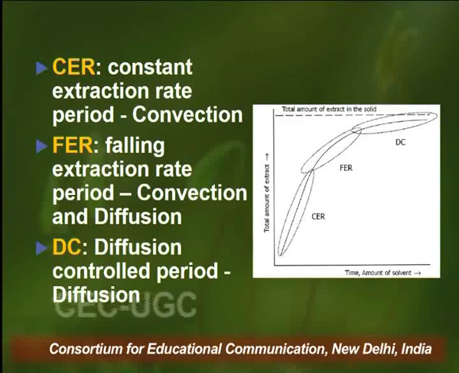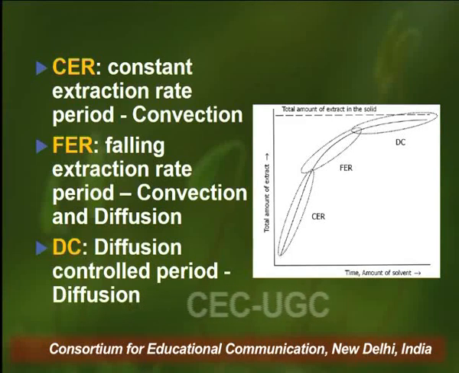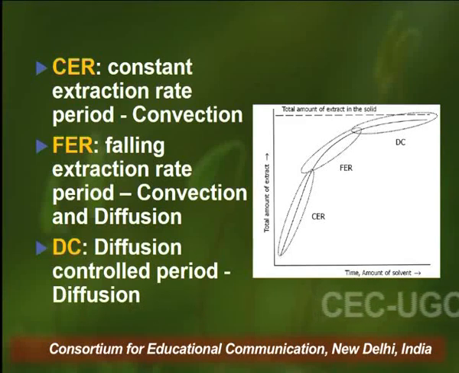During the CER phase of extraction, the solute molecules that are freely accessible... I would like to take you back to the diagram we discussed in my previous lecture, that the solute molecules are present in five different forms. Some of the solute molecules were floating in the stagnant film that is formed outside the drug particle or the matrix particles.